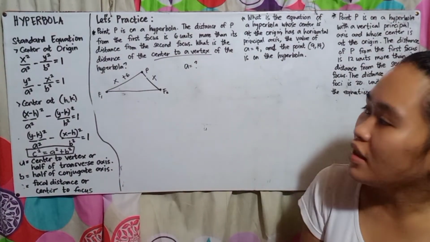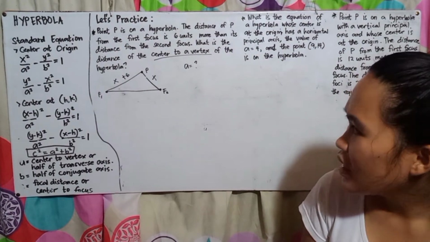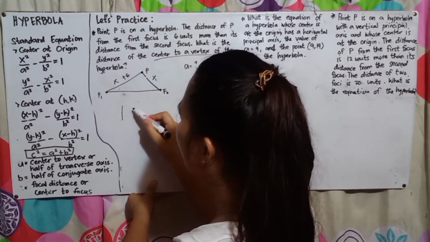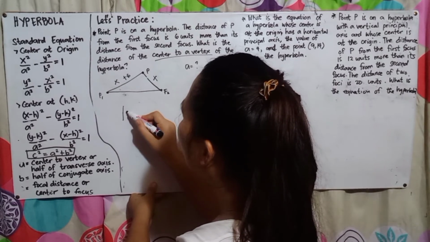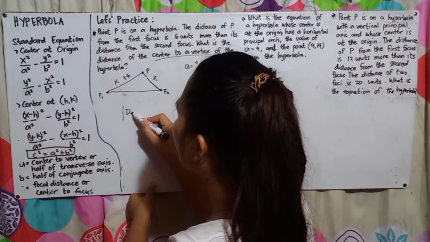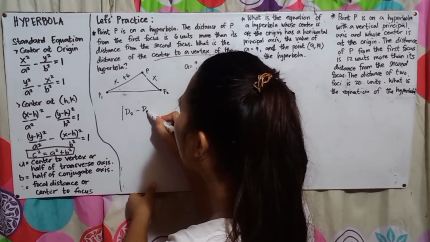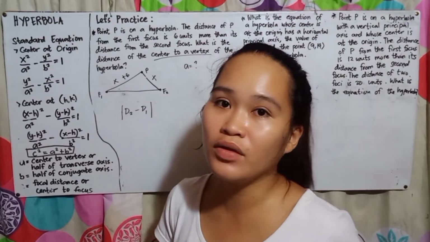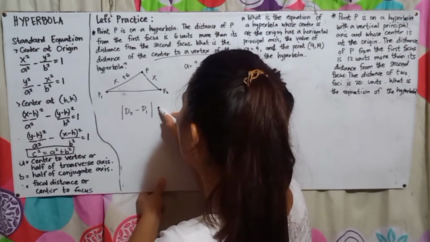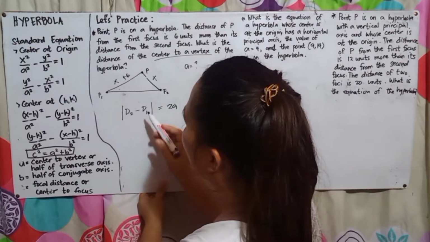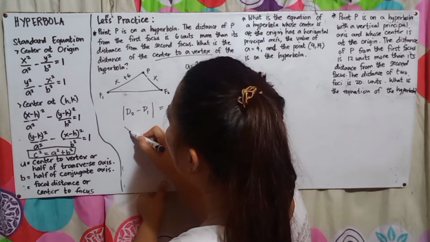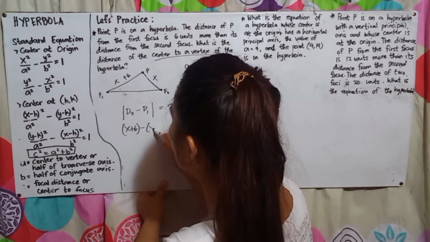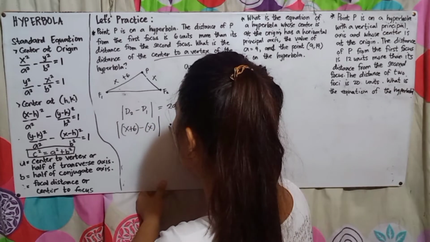Take note: in solving hyperbola, to compute for a, take the absolute value of the difference of the two distances, distance 2 minus distance 1 or distance 1 minus distance 2, since the absolute value makes the result positive, equals a. So one distance is x plus 6 minus the other distance x, in absolute value, equals a.